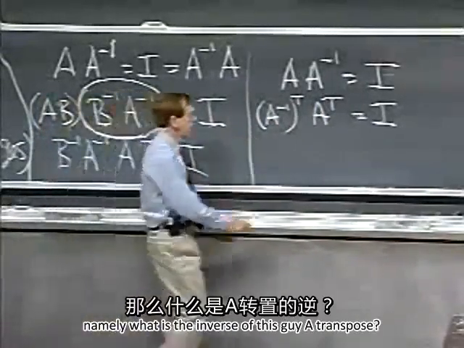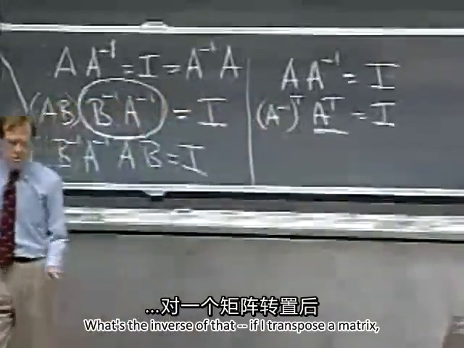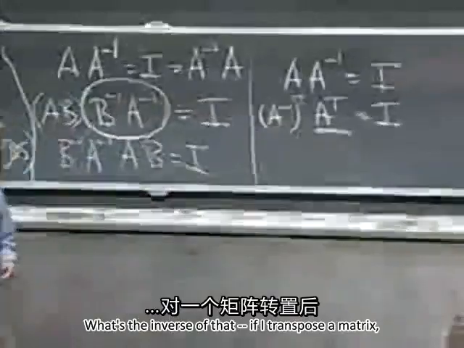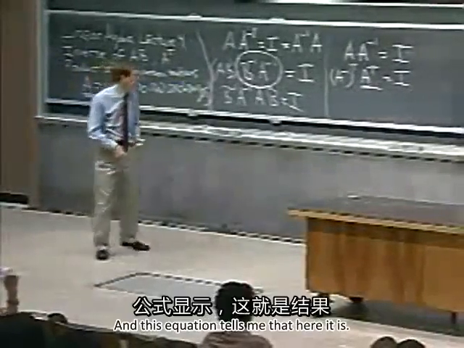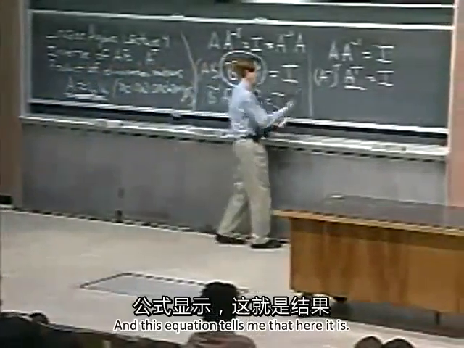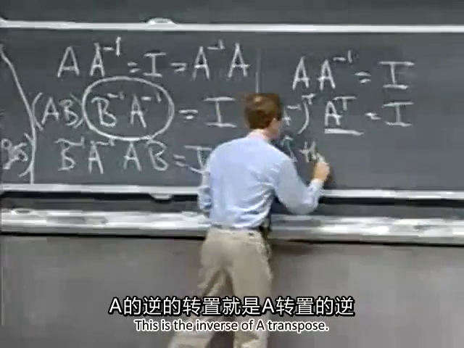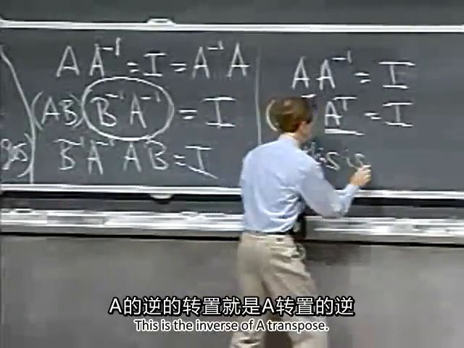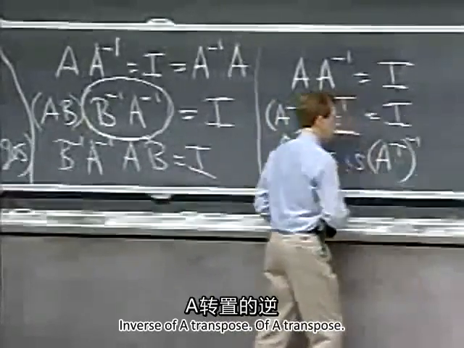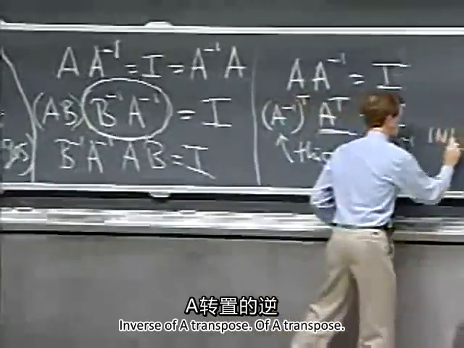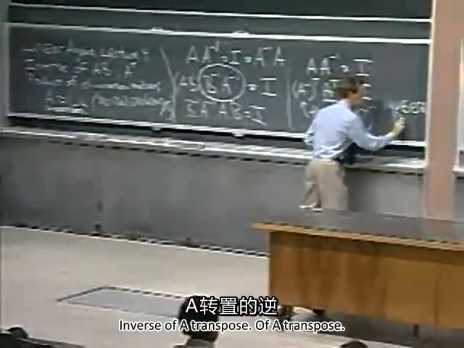Namely, what is the inverse of A transpose? If I transpose a matrix, what's the inverse of the result? And this equation tells me that here it is. This is the inverse of A transpose.